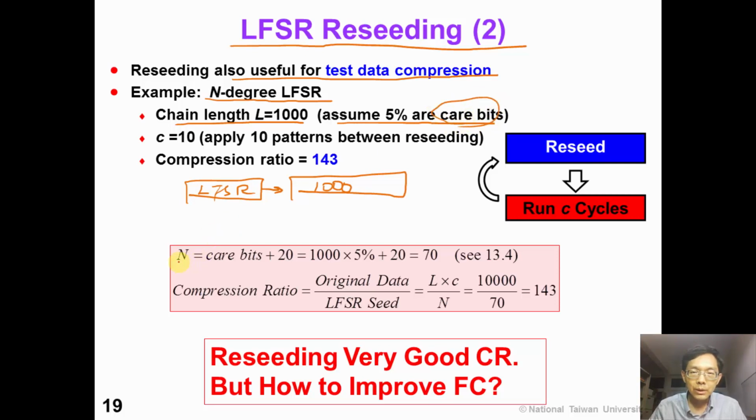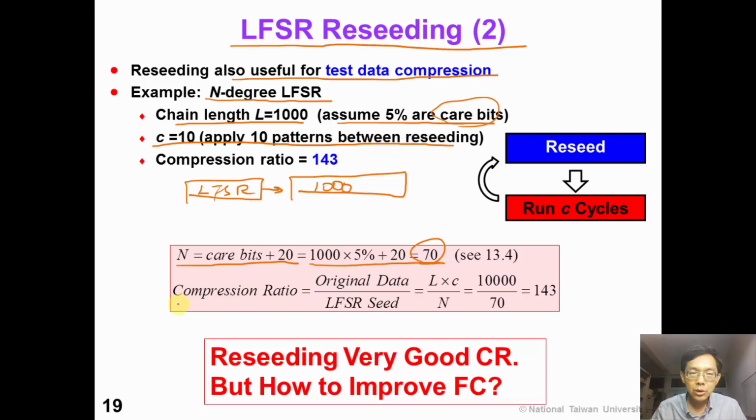If you remember, in chapter 13.4, we mentioned that the LFSR degree is equal to the number of care bits plus 20. So according to these numbers, we need a 70 degree LFSR. Let's apply 10 patterns between reseeding.